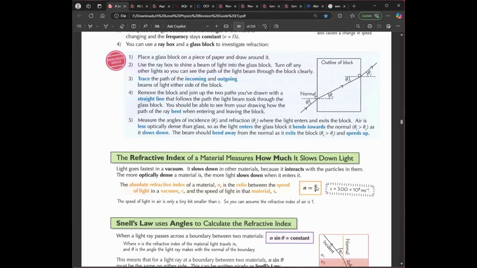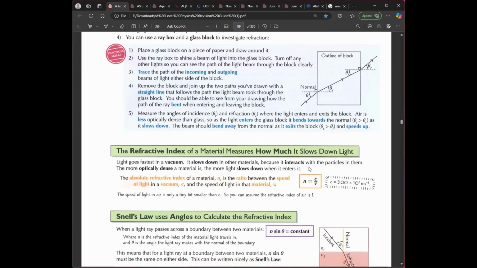Obviously it will be greater for other mediums because v would be smaller compared to the speed of light in vacuum. So whenever refractive index has a greater value, we say that that medium is optically denser than vacuum. So yeah, this is the formula for refractive index. It measures how much a material slows down light. So basically that is what it is.